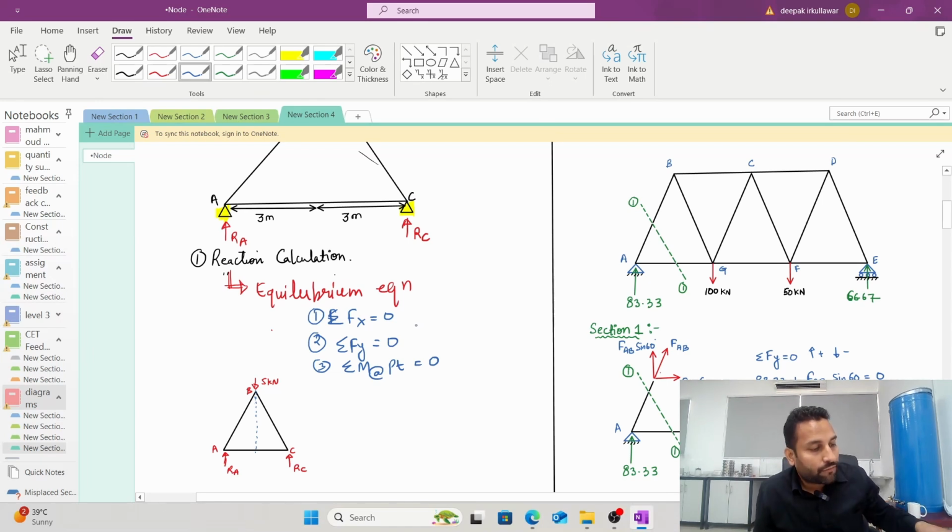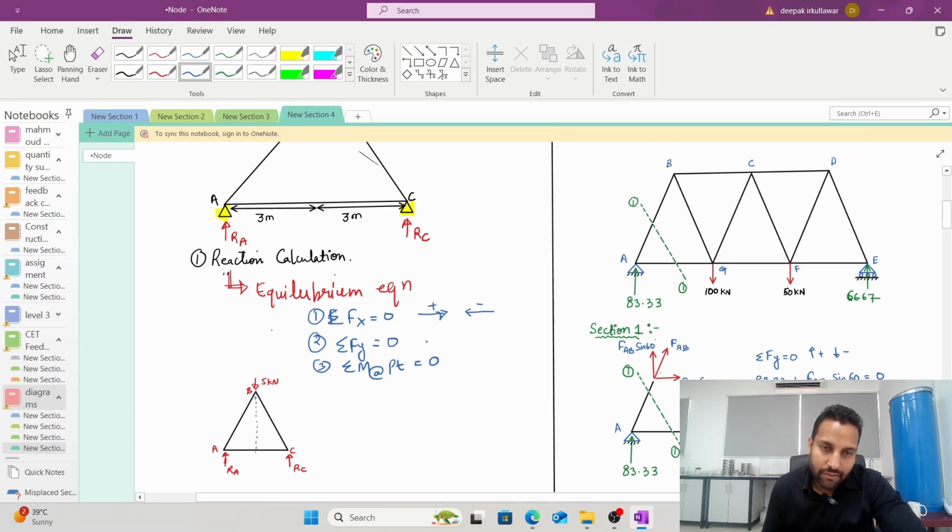While taking summation of forces in the x direction or y direction equals 0, you need to know the sign convention. When you take summation of forces in the x direction equals 0, take rightwards as positive, forces going towards the right as positive and forces going towards the left as negative.